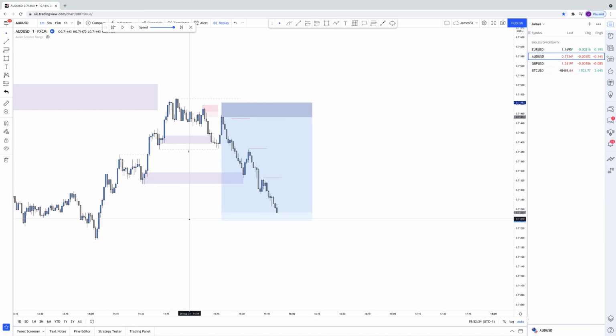The next area would obviously be this area here, and once the price comes into these levels, you can partial or set targets, whether that be 1 to 5 or 1 to 10, wherever it is.